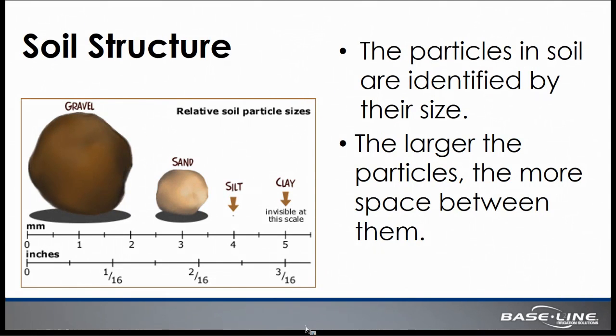As we look at different soils that are most common on a site level, we may be working with a gravel to sand to silt or clay type of soil particle, and those different particles obviously have different sizes as illustrated in the scale on the screen.